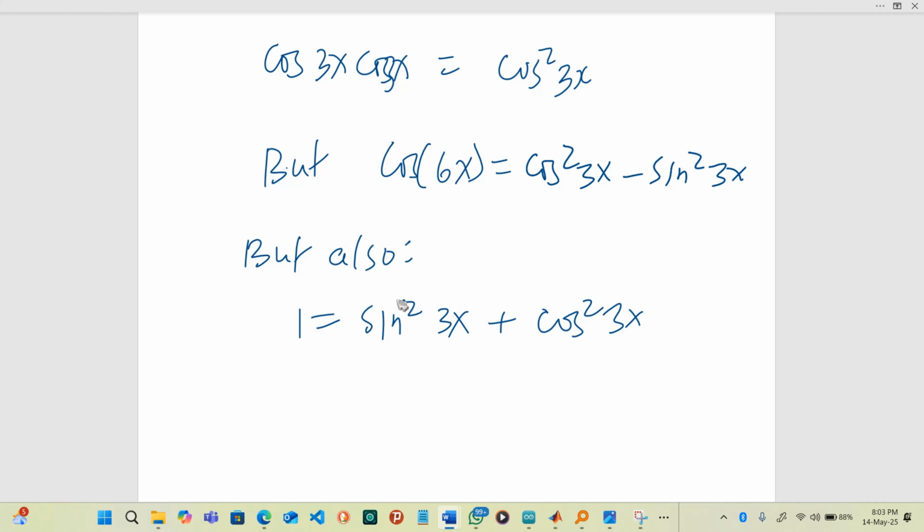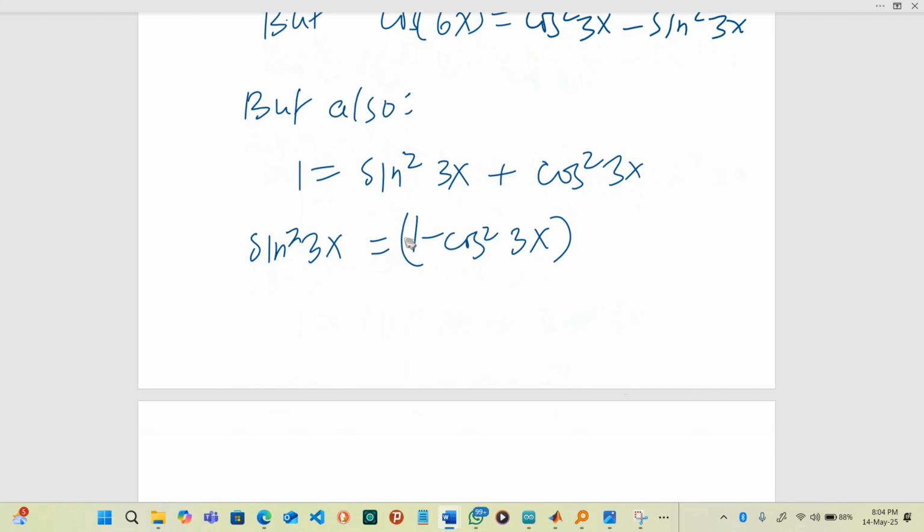So what does that mean? That means that sine squared 3x will equal 1 minus cos squared 3x. Obviously, we subtract it from 1. We make sine squared 3x the subject. So what does this mean?